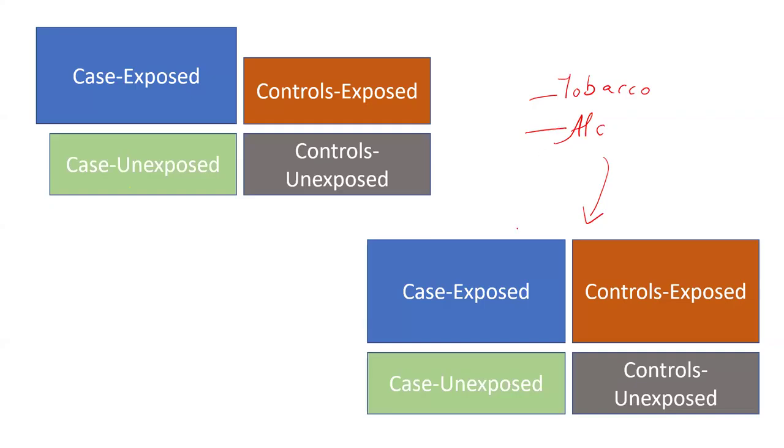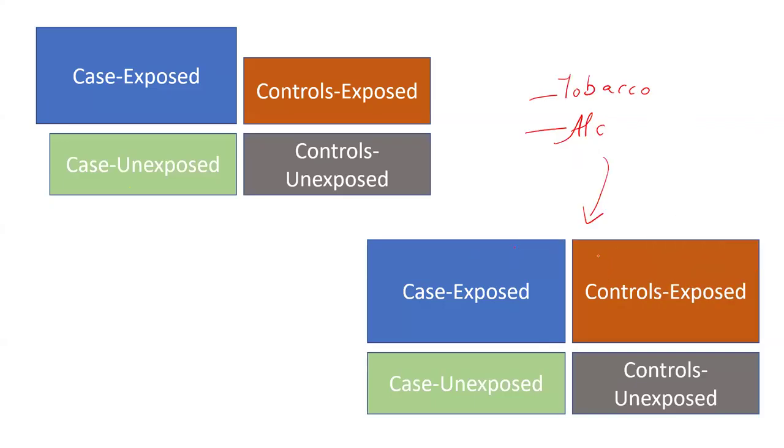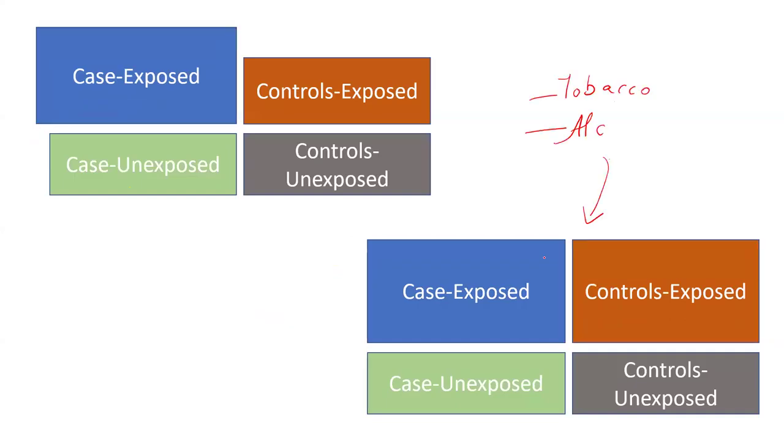So what will happen when you want to look at the association of your disease with these kinds of exposures? The controls which you choose, for many of the diseases which you may choose as controls, the presence of tobacco or alcoholism is going to be more than in the general population. So while this scenario will overestimate the association of exposure and outcome, this will underestimate the association of exposure and outcome as it exists in the general population.